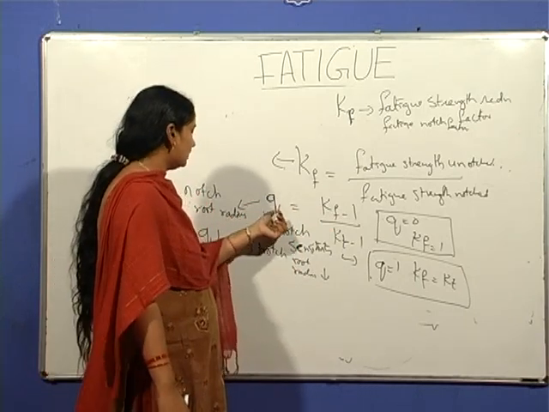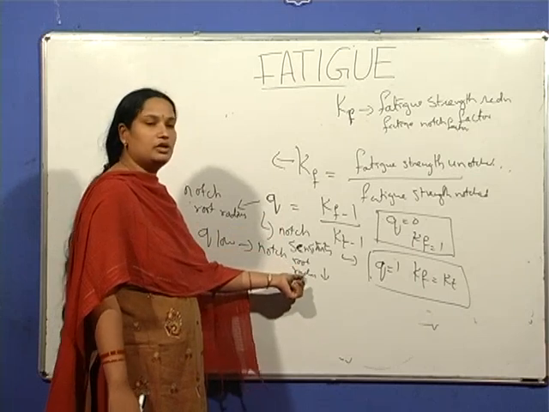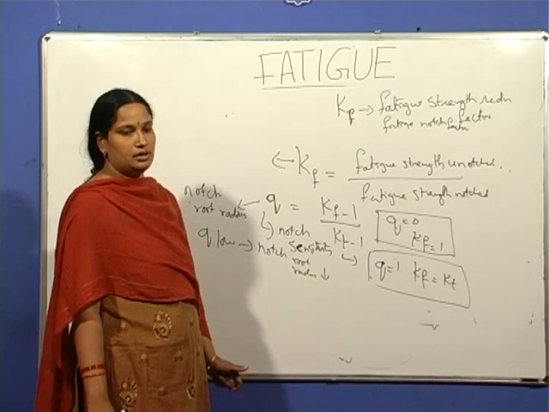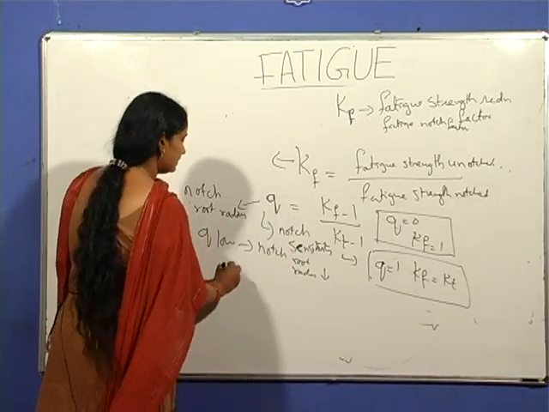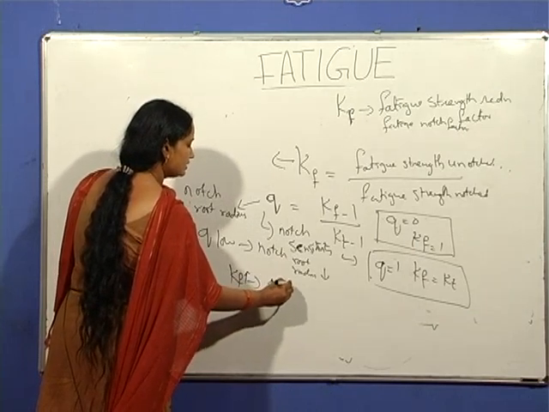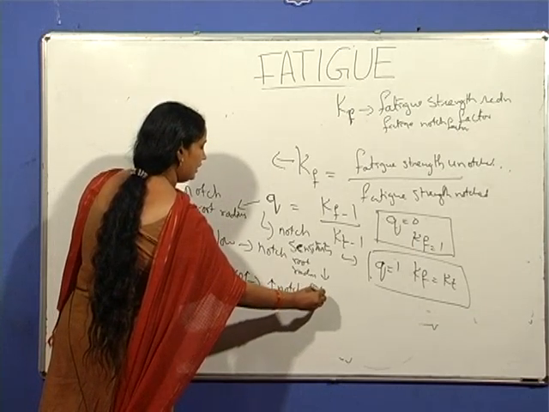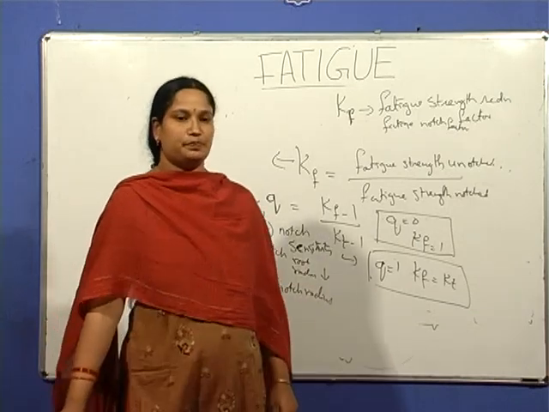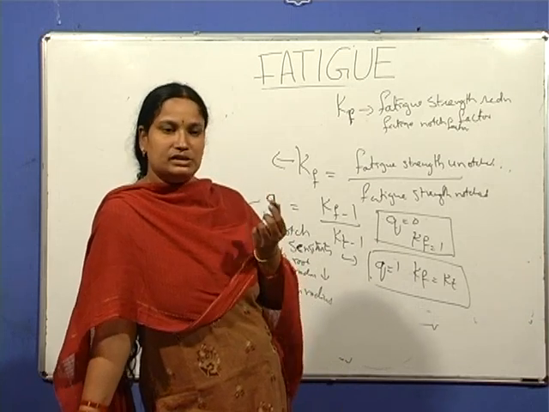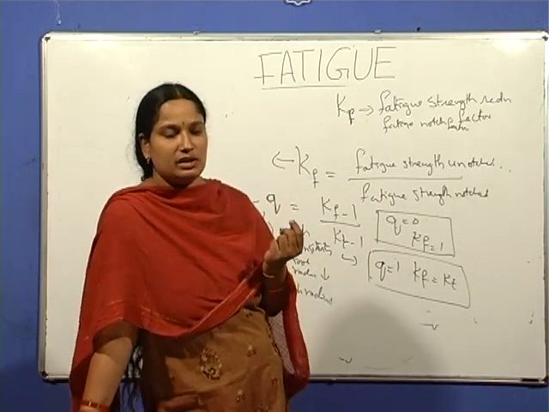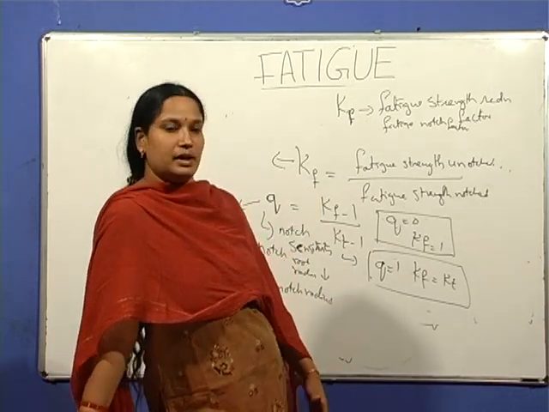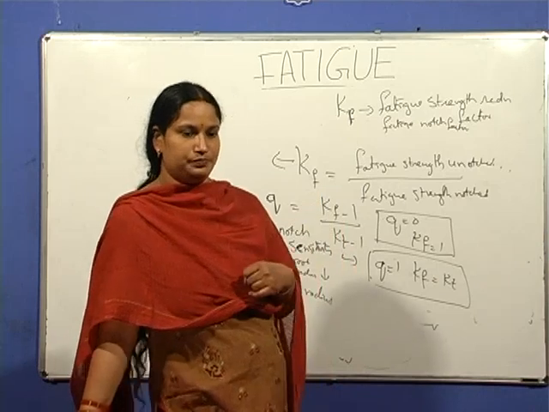Thereby, q is low when the notch radius is low. Kf increases with increase in notch radius, but with decrease in notch radius, Kf increases very slowly when compared to that of Kt. Thereby, the value of q is low.